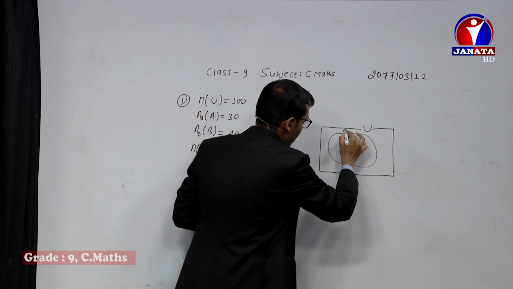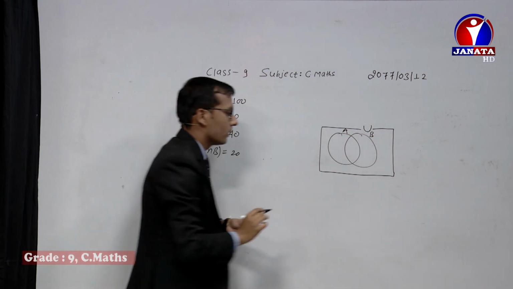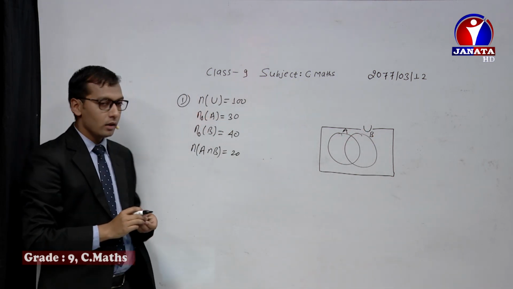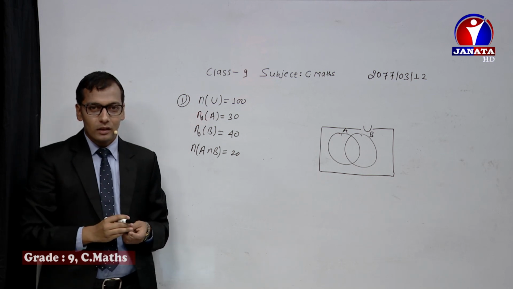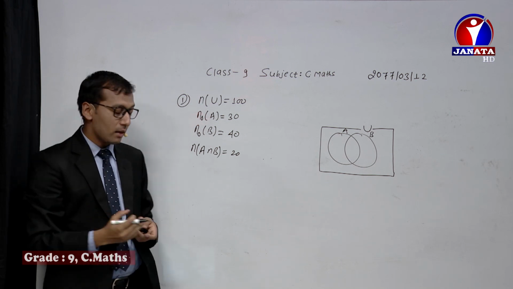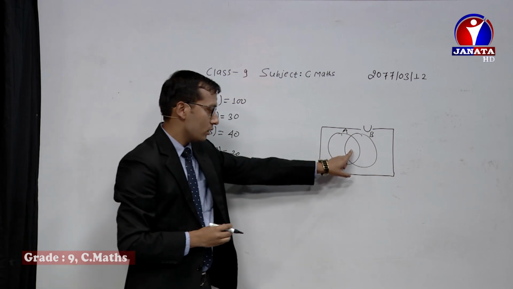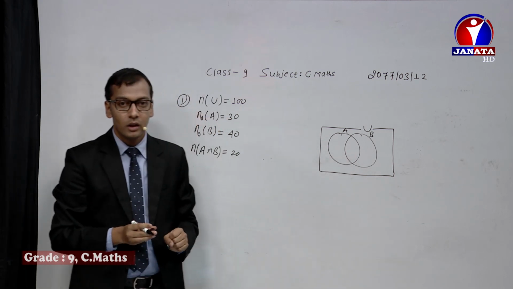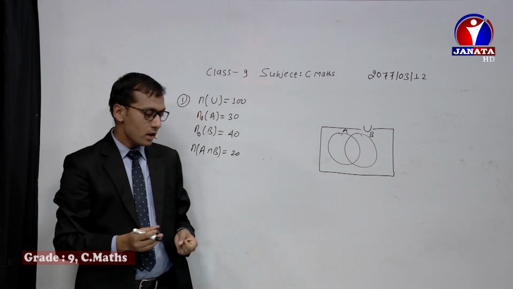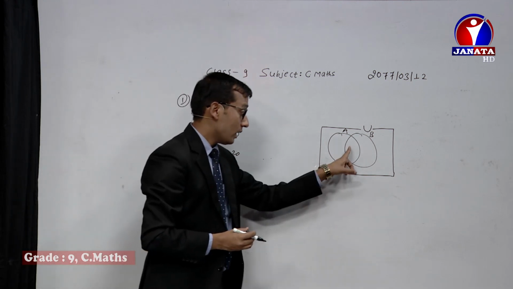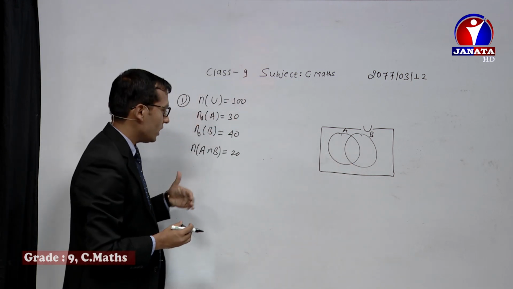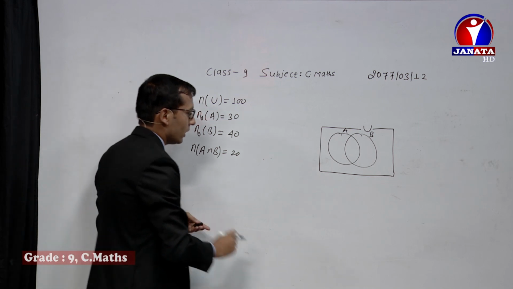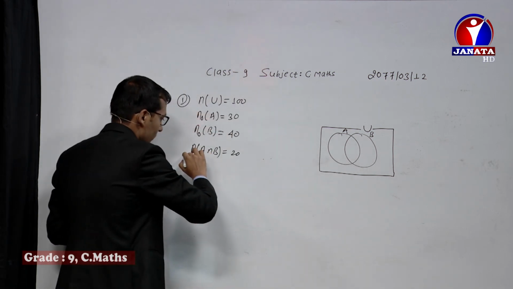So there are two sets A and B. While inserting the numbers in the diagram, we start from the intersection part of the Venn diagram, the common region that is called A intersection B. So what is the cardinal number of n of A intersection B? It's 20.